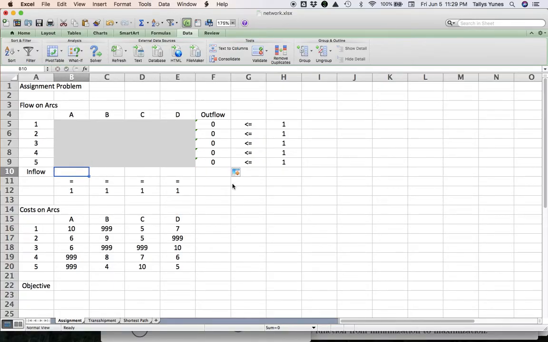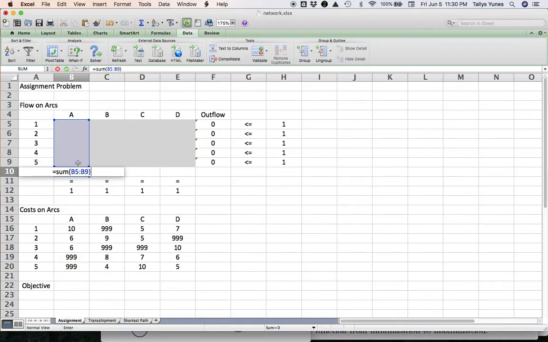And then likewise, we're going to need to say that the flow of service into any of the task nodes equals what the task wants, right? But the flow of service into task A is whatever is coming from each of the 5 workers toward task A. So from 1 to A, from 2 to A. So we do the sum vertically like this.